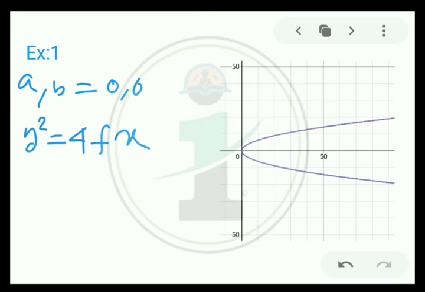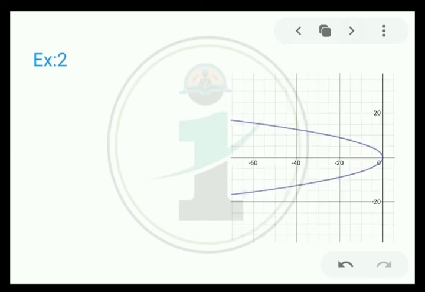Okay, so the focal length is somewhere here. So this is what this parabola represents. Let us move to the next diagram.